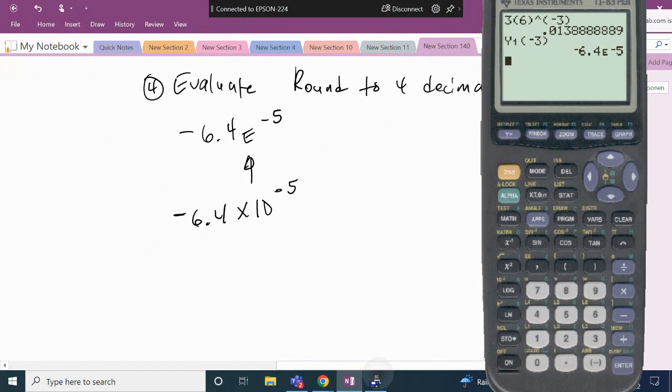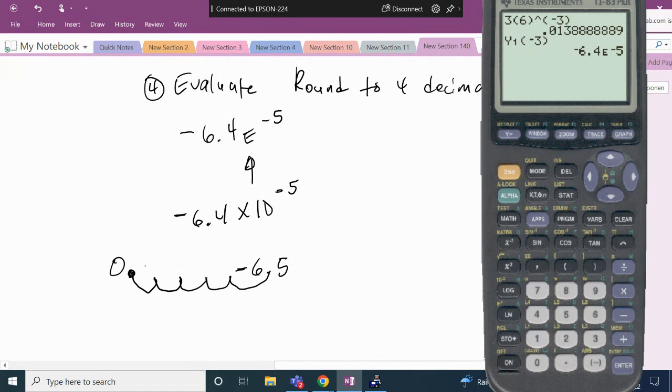This negative 5 means that we need to move this decimal place 5 places to the left. So I'm going to move it once. That puts it in front of the 6. 2, 3, 4, 5. Right, I'm going to fill in those 4 zeros.